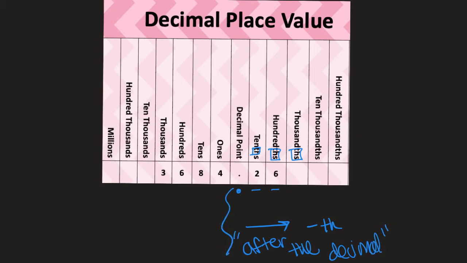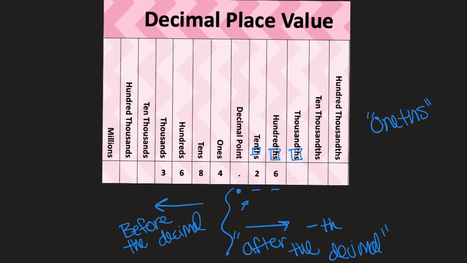Okay, and that means that anything to the left is before the decimal. And that's how we talk about it. Okay, so we don't have a oneths place. Okay, so it just starts on tenths.